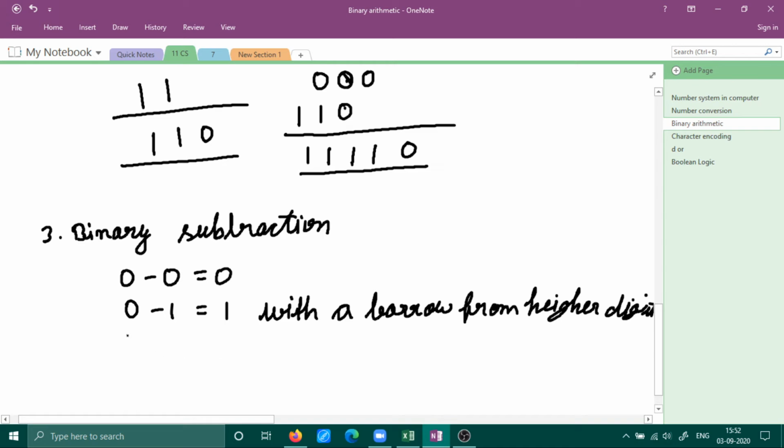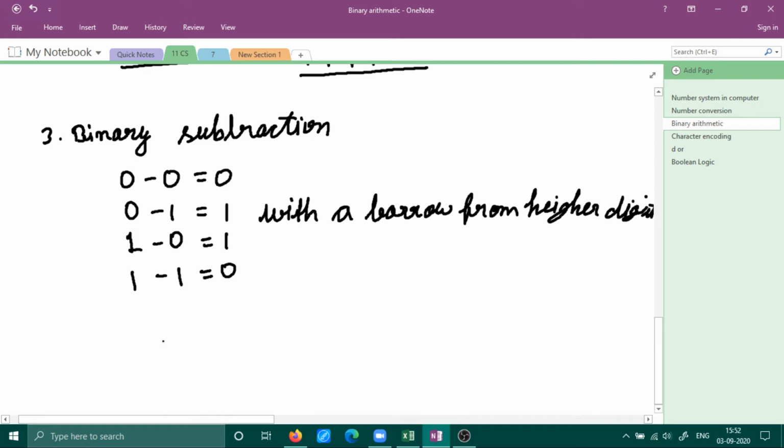And 1 minus 0 will become 1, and 1 minus 1 becomes 0. So these are the basic rules of binary subtraction.